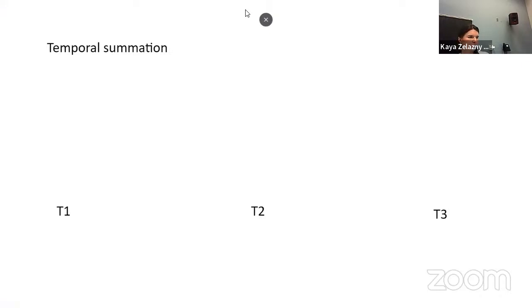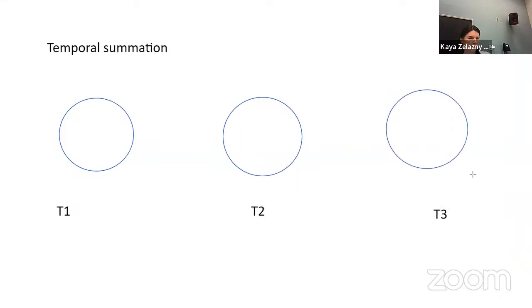So in temporal summation, I'm going to draw us a couple little cells. Okay. So we're going to just look at little round cells first, although that's not what our neurons look like. So this T1, T2, T3, think about them as different time points, like 1 second, 2 seconds, 3 seconds. So say at T1, we're starting out everywhere at -70, at a resting membrane potential.